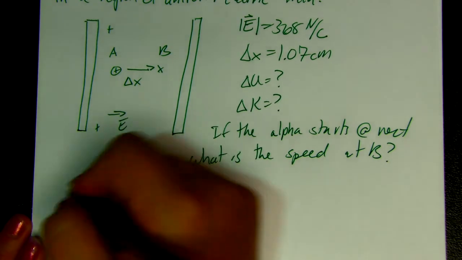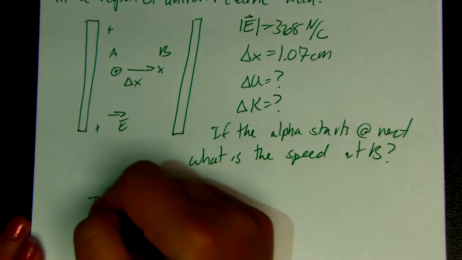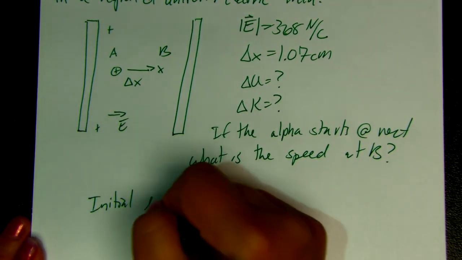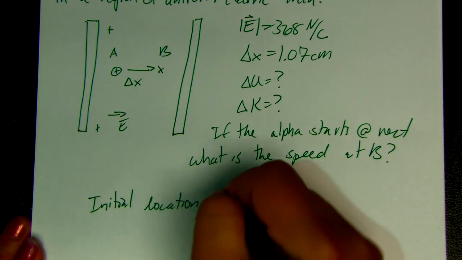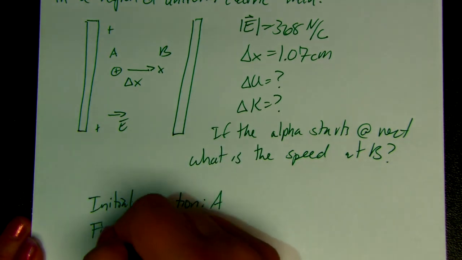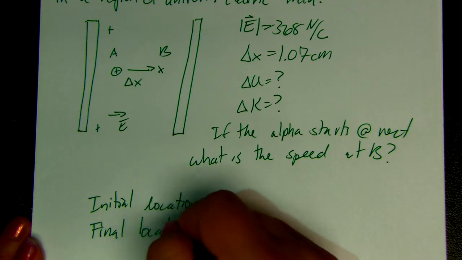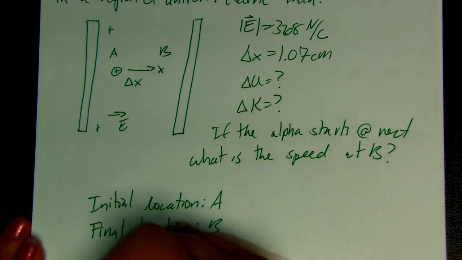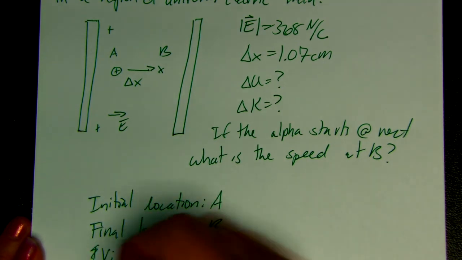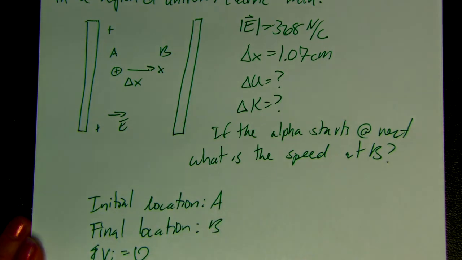Okay, so it's initially at A, and the final location is B, and v initial, which is speed, is equal to 0.